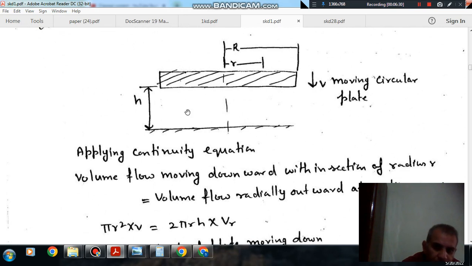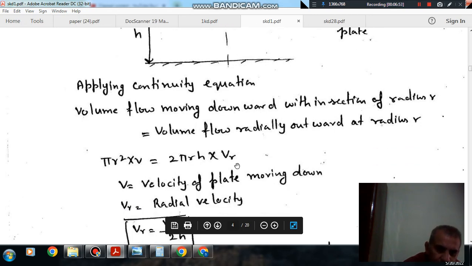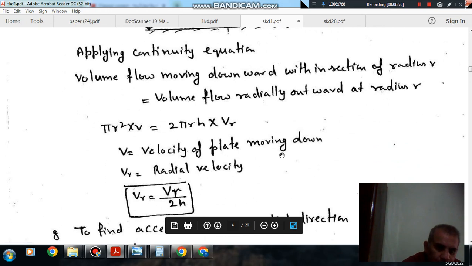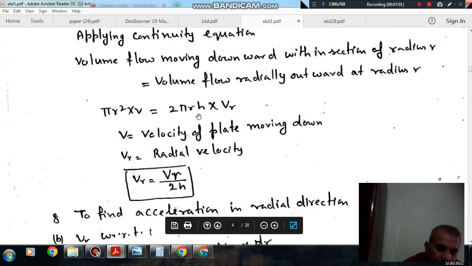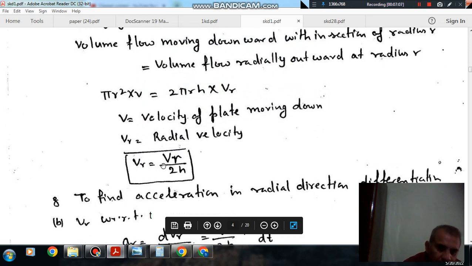At any instant, if we take radius r, the volume coming down is πr² into V. The volume going out is the surface area into the radial velocity, 2πrh into Vr. V is the velocity of the plate moving down and Vr is the radial velocity. So Vr is Vr/2h. That is the radial component of velocity.